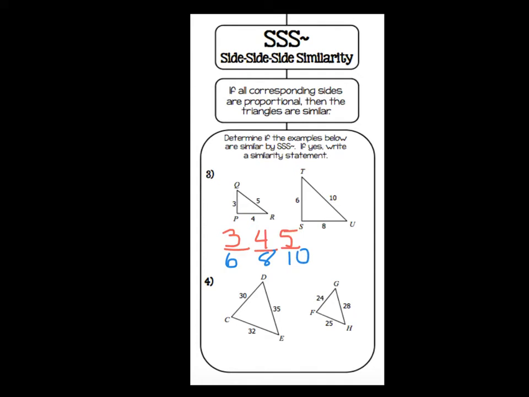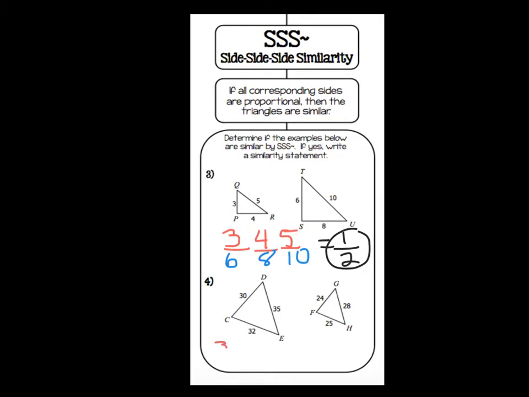Since all of these scale factors reduce to 1/2, these figures are similar. So we could write a similarity statement. And if you would write the similarity statement, I'd appreciate it. I'm going to go on to number 4, and I'm going to write the numbers down from least to greatest.